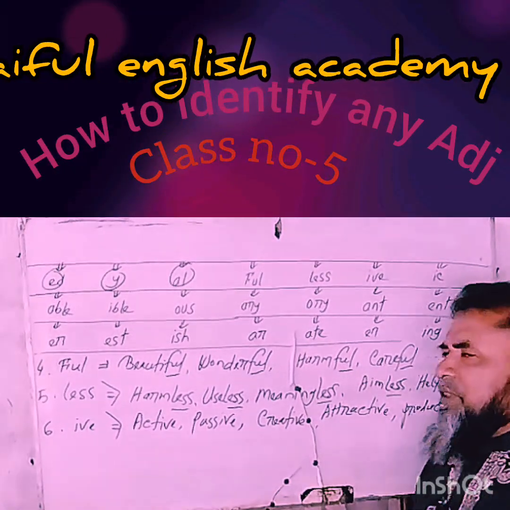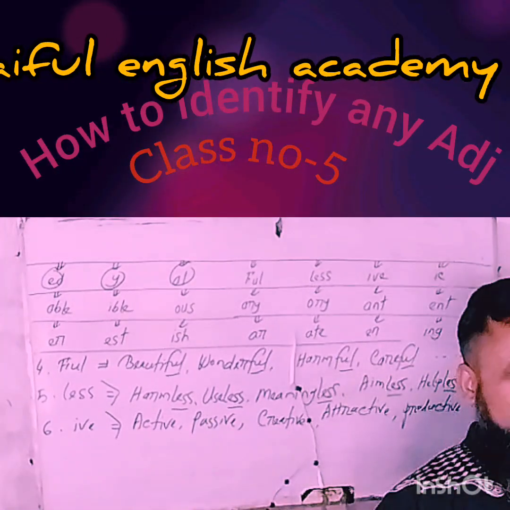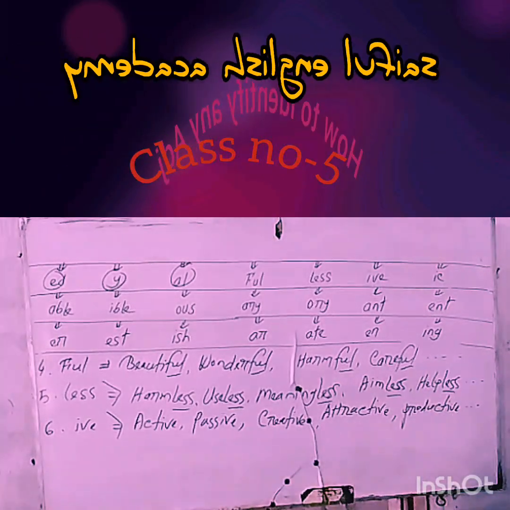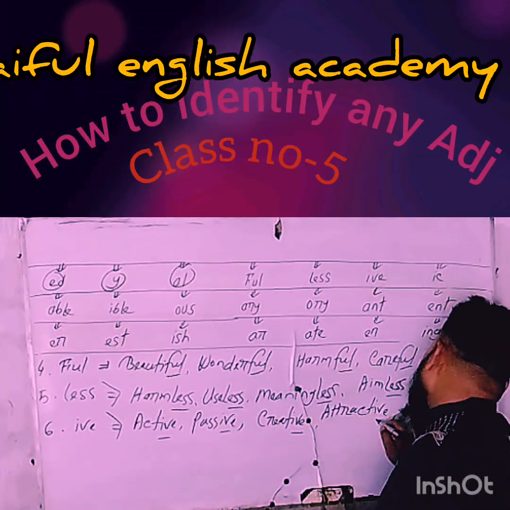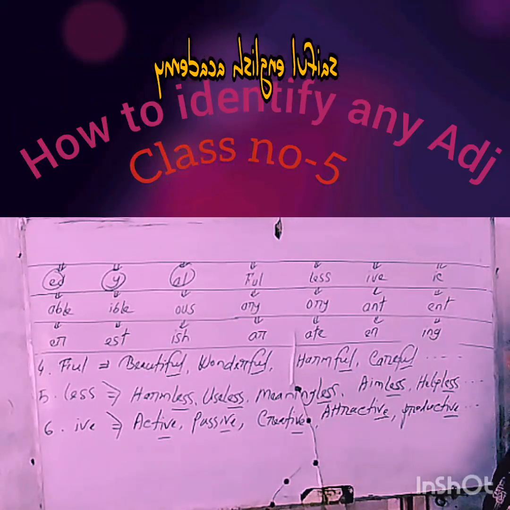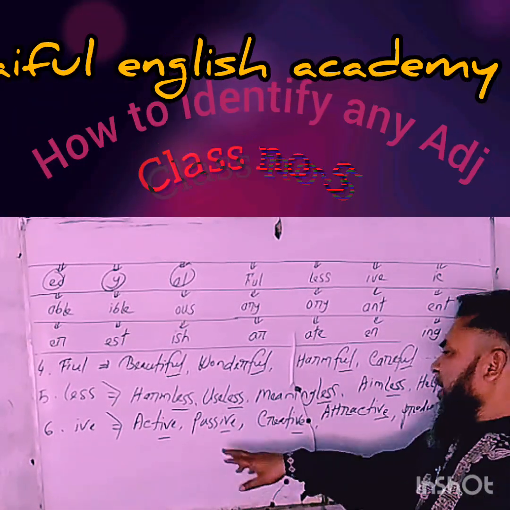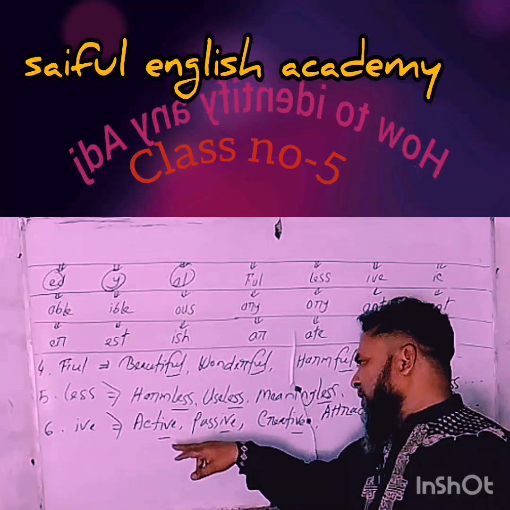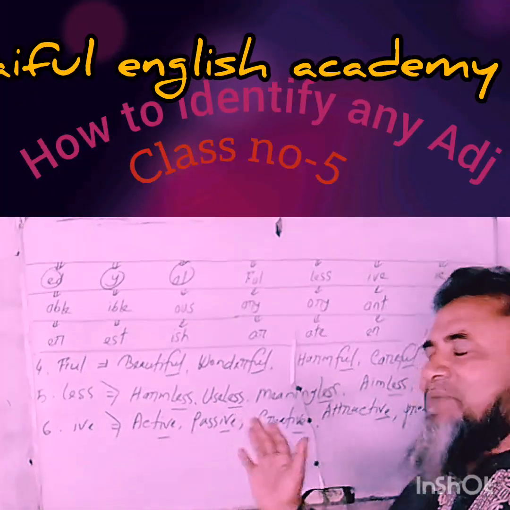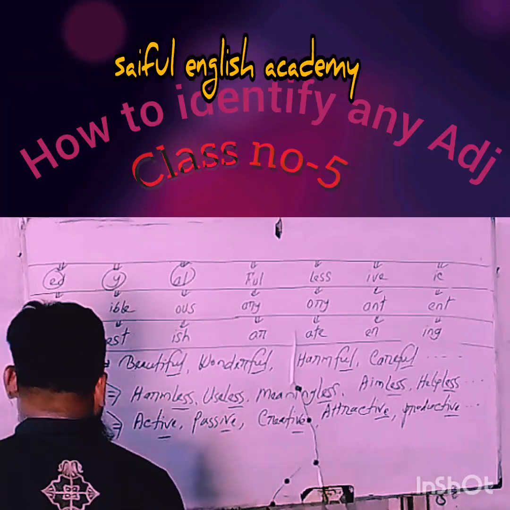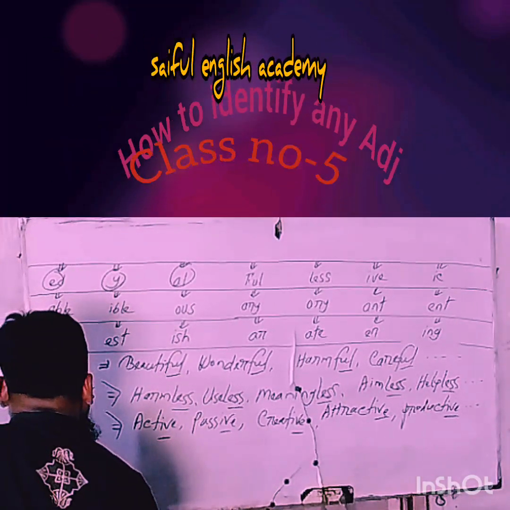You have to keep in mind that there are various kinds of words in our English grammar which possess the ive suffix. You may be sure, 100% sure, that if any word possesses the ive suffix, such kinds of words are adjectives. I hope you have understood clearly.